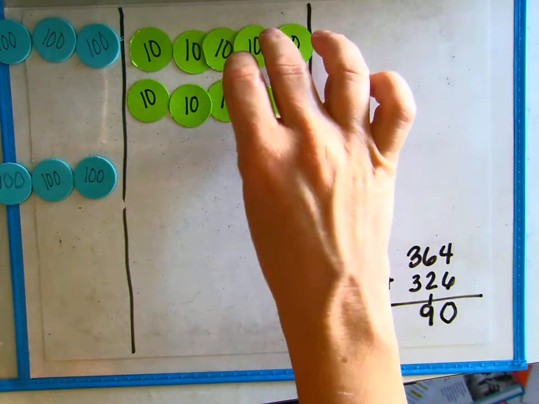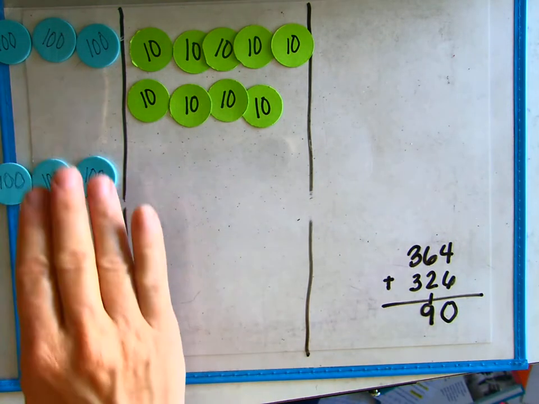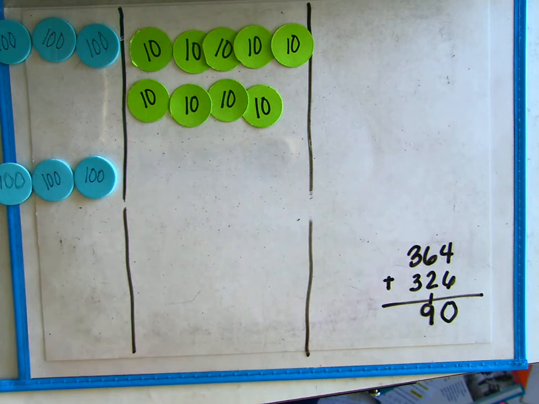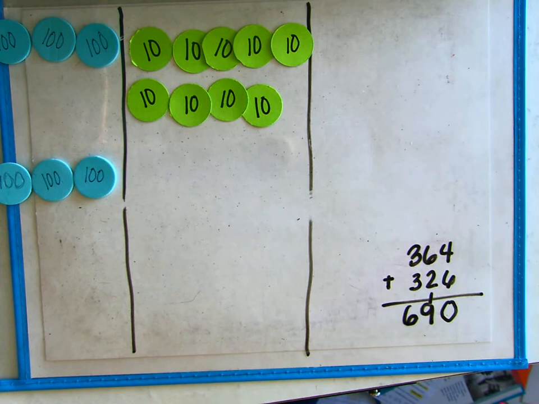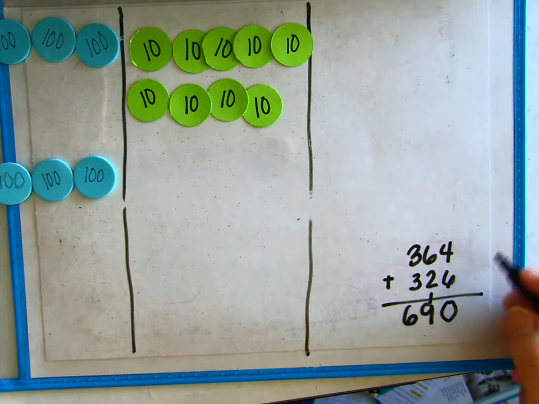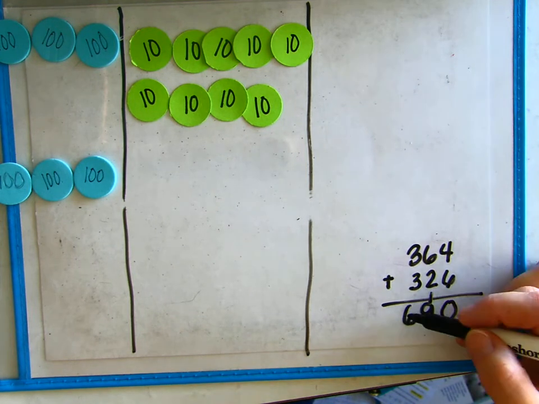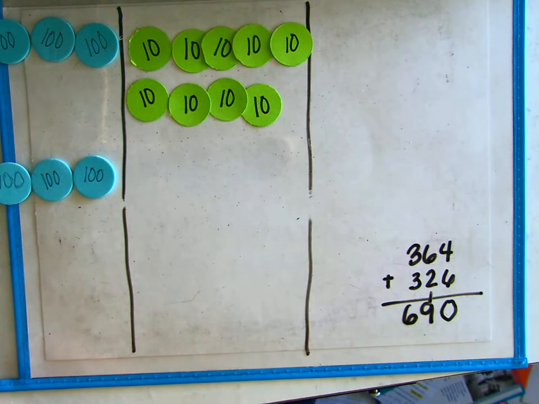No. So we're just going to leave that there. 3 plus 3 is 6. So in your book, you have written 364 plus 326. You made one new group below in the tens, and you have 690. Good.